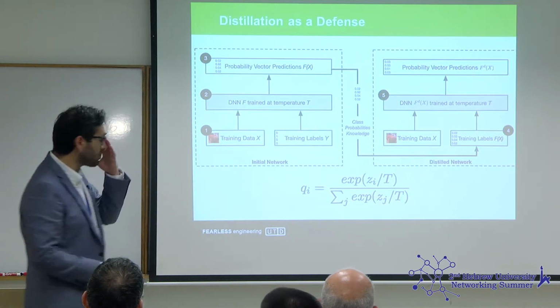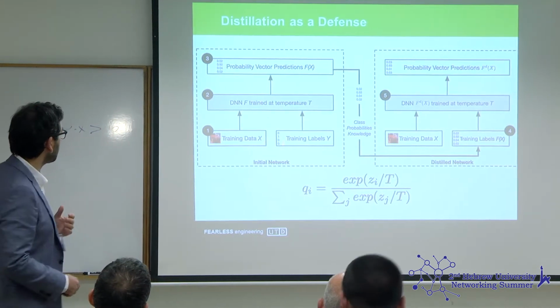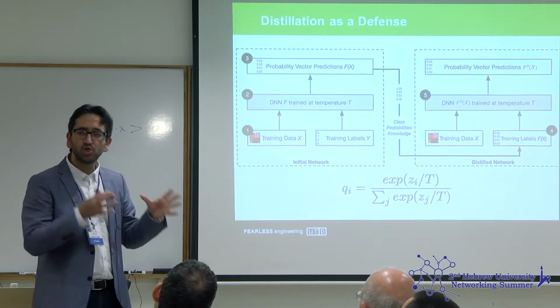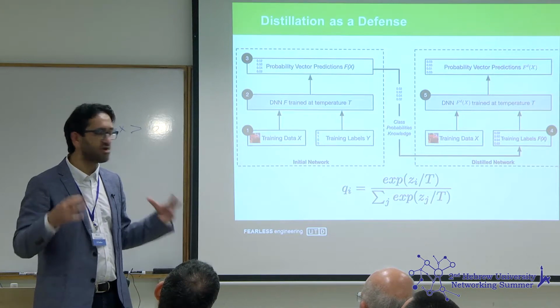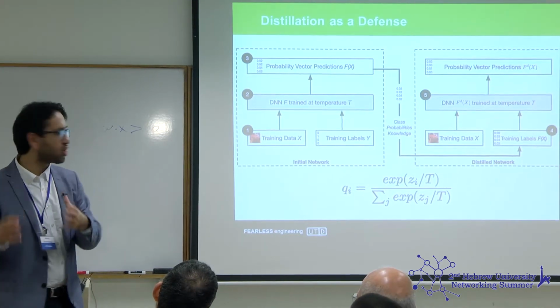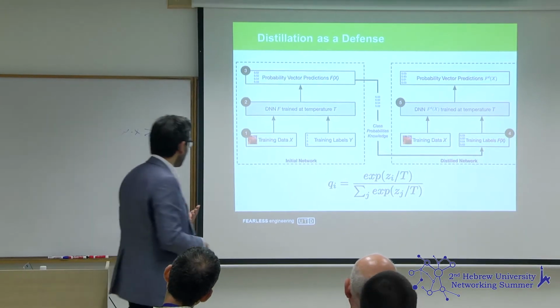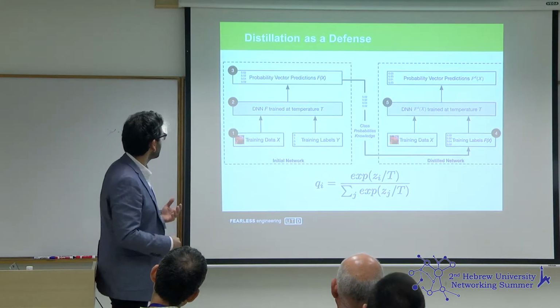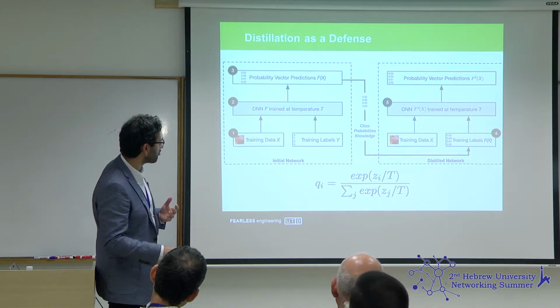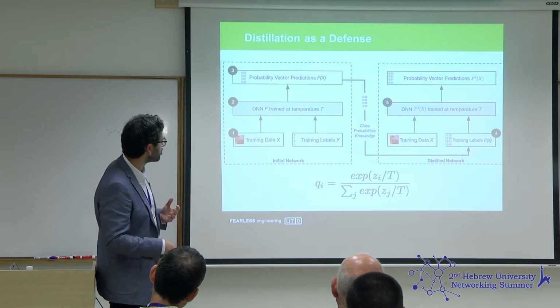Basically, they use something called distillation. The idea of distillation, which is used in deep learning, is to transfer the knowledge of a network trained on, let's say, tens of thousands of samples to another network much quicker. You have this initial network trained at temperature T, and they modify these values a little bit.